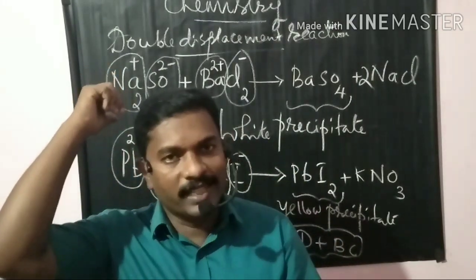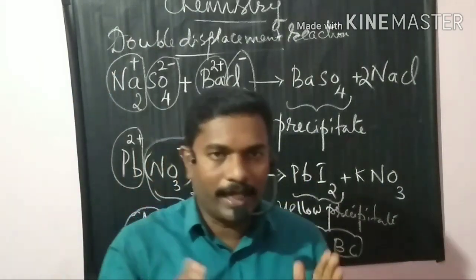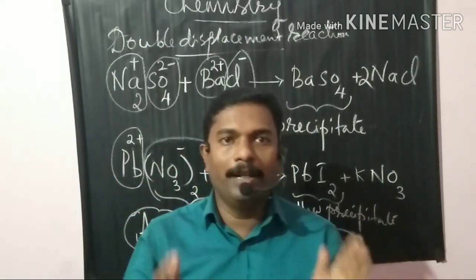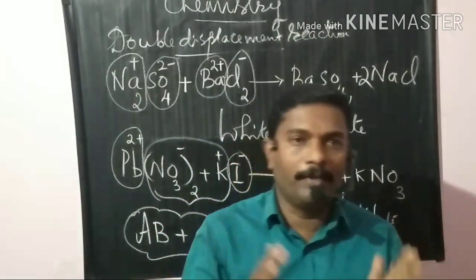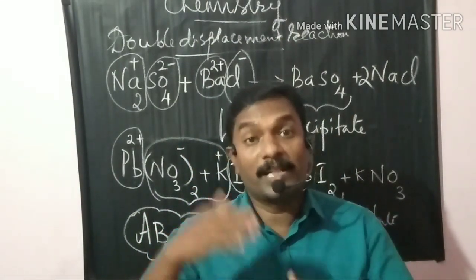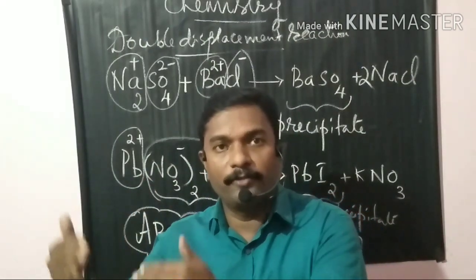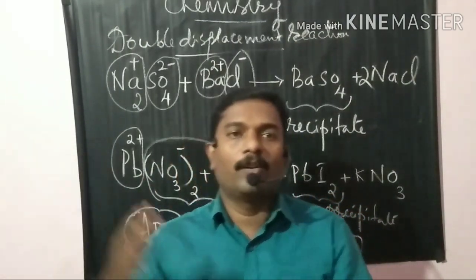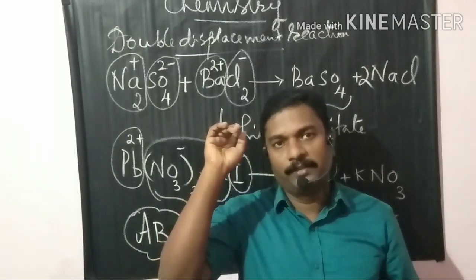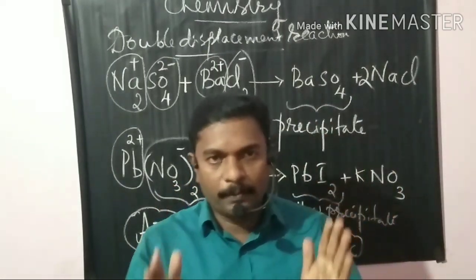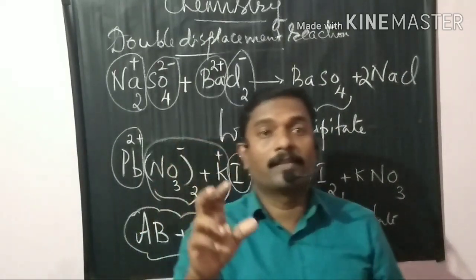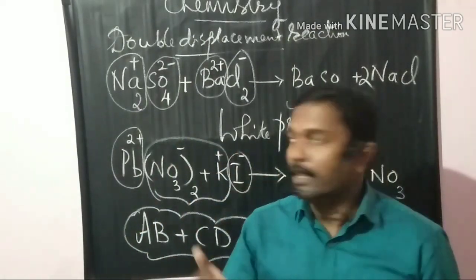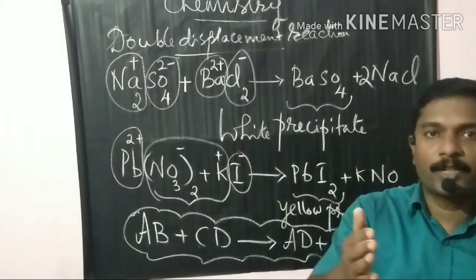It is a double displacement reaction, a chemical reaction in which an insoluble salt is formed as a product, or a precipitate is formed as a product. Then what is a precipitate? An insoluble salt formed as a product is called a precipitate. So double displacement reactions are always accompanied by the formation of a precipitate. Hence we can say it is also known as a precipitation reaction.